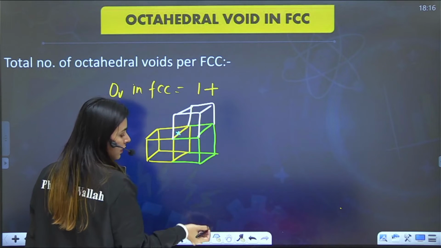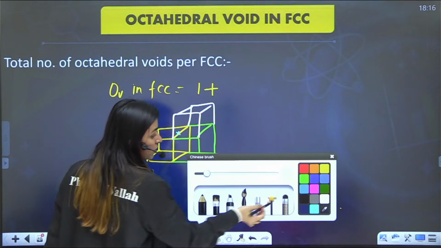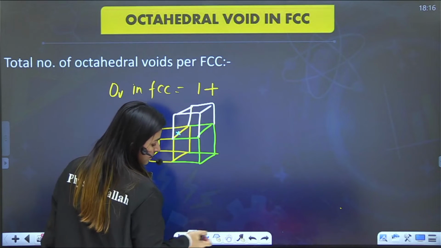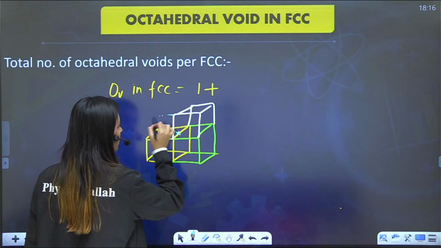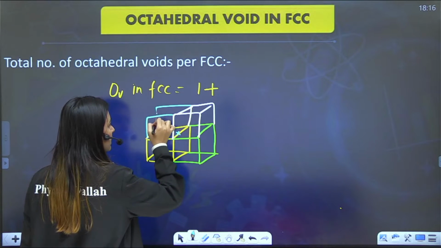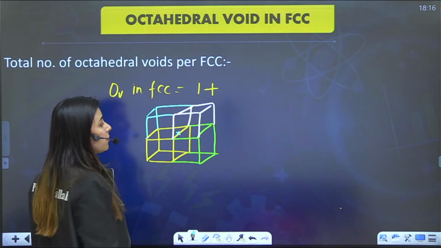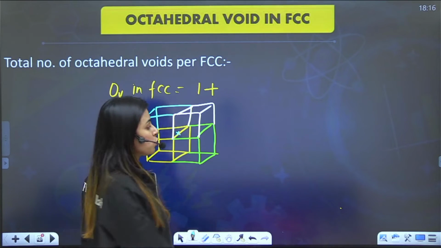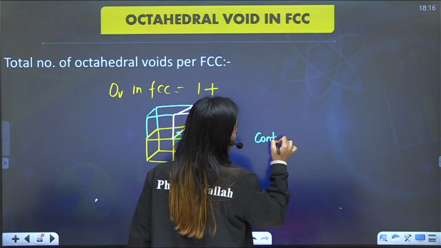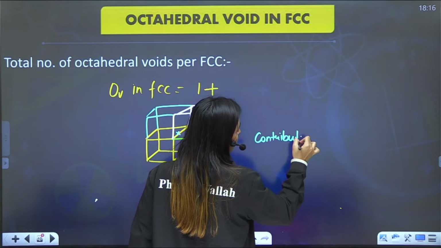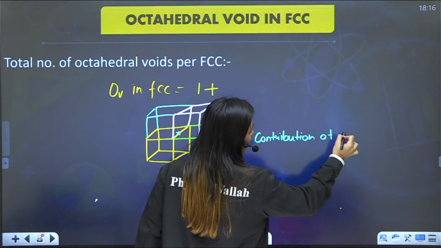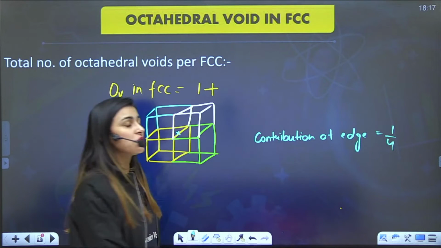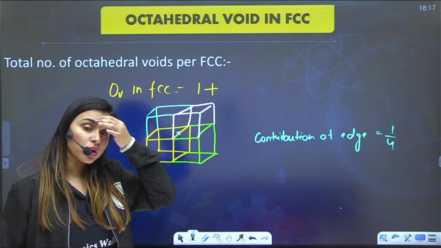I hope you're clear. And it is also shared with the adjoining unit cell as well, right? Yes. So it is shared between 4 different unit cells. So can I say that the contribution at edge is 1 by 4?